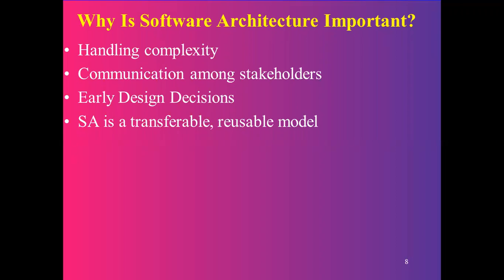The architect will develop a model or design an architecture for that system so that we can understand the complexity and handle it. We can easily understand how to do this task and how to design multiple modules.